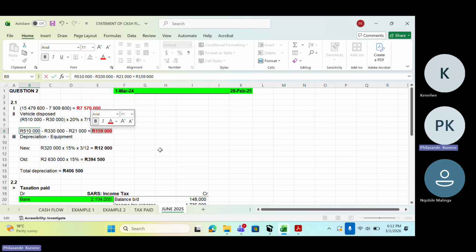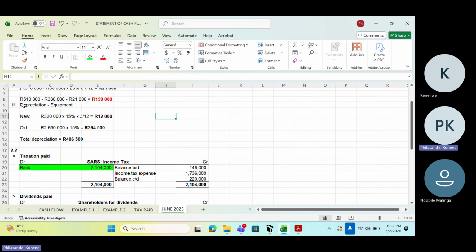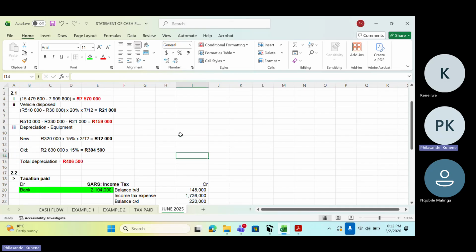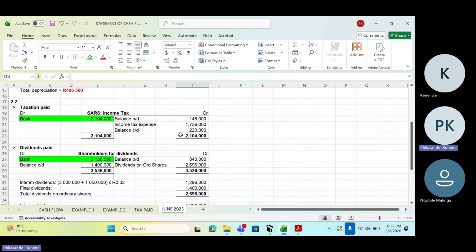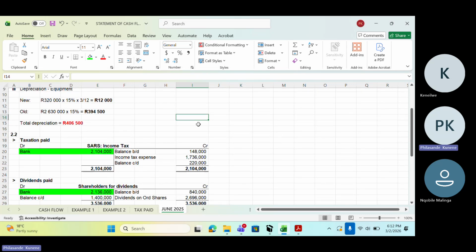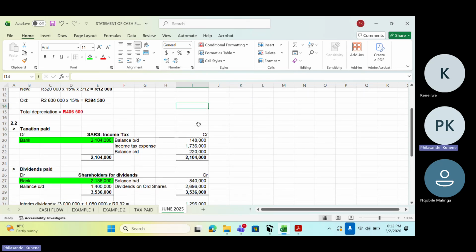And then number 3, the depreciation for equipment, the total depreciation that we calculated was 406,500 rands. I hope you guys still remember how we did these calculations. I want us to remind ourselves.